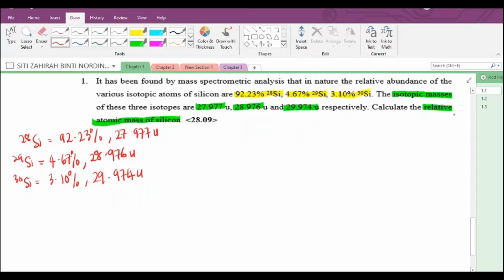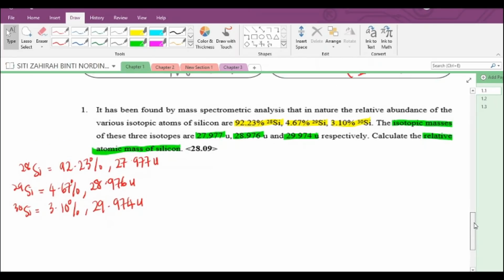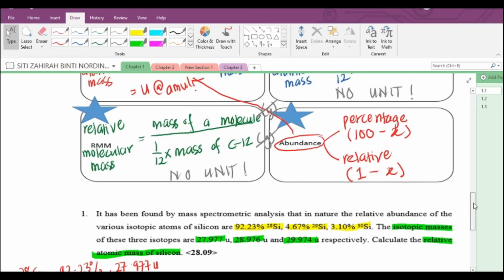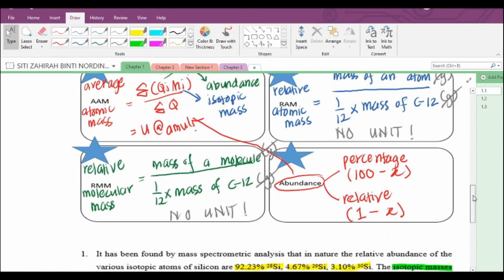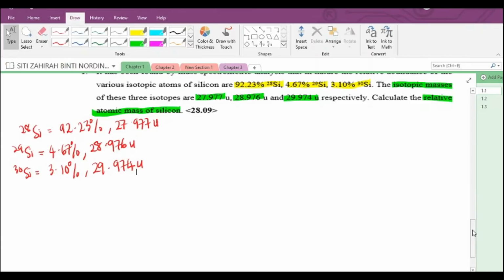So the question asks to find the relative atomic mass. Let's go back and check the formula for relative atomic mass. Relative atomic mass is the mass of silicon divided by 1/12 times the mass of carbon 12.